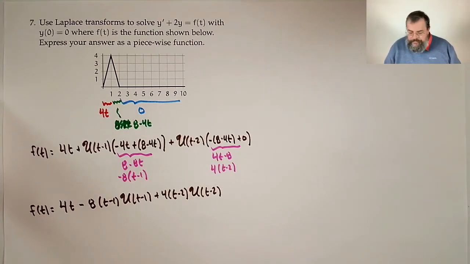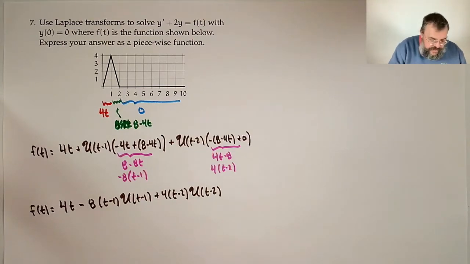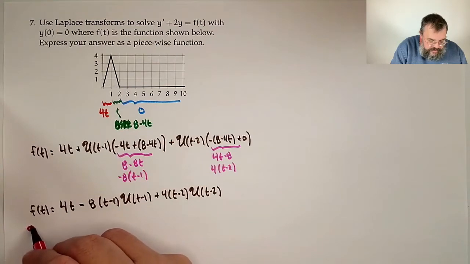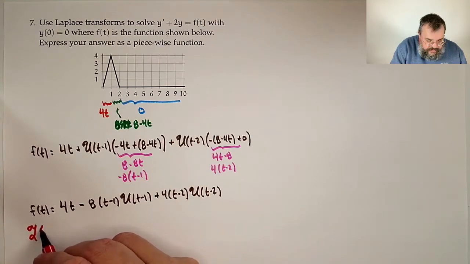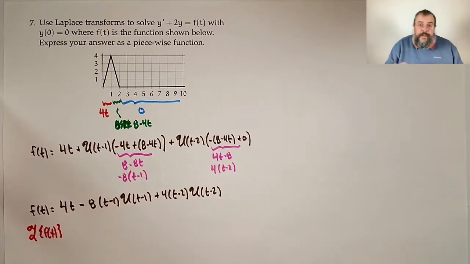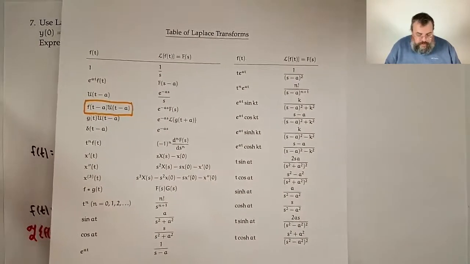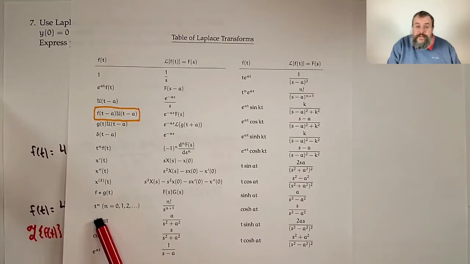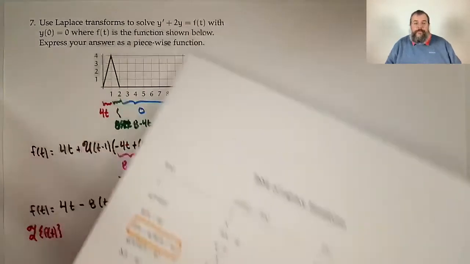Now let's talk about the Laplace transform of f of t. So what is the Laplace transform of f of t? Well, the Laplace transform of t is on our list, well, kind of. So where does it show up? It's t to the n. So the Laplace transform of t is 1 over s squared.